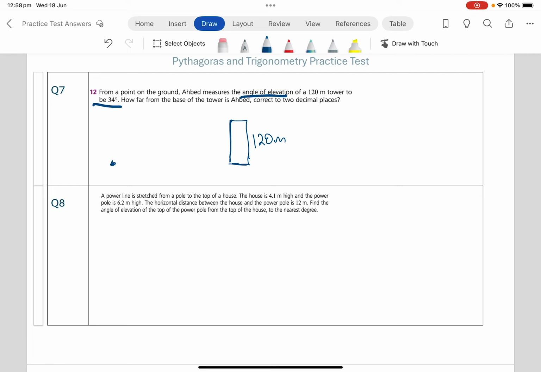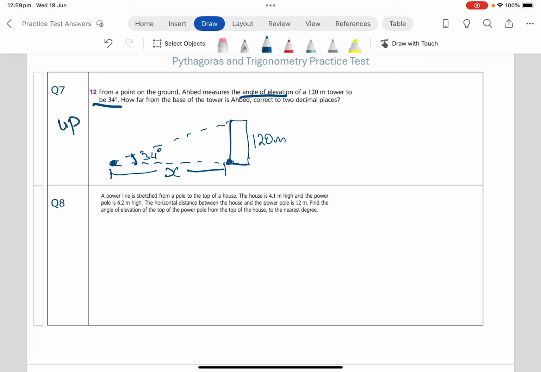Angle of elevation means up, so the angle going up from the ground is 34 degrees. How far from the base of the tower is Abed? That's the base of the tower there, and that's Abed there. So the distance from there to there is what we're trying to find.